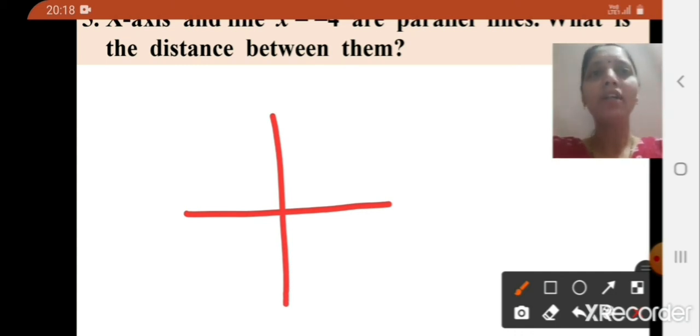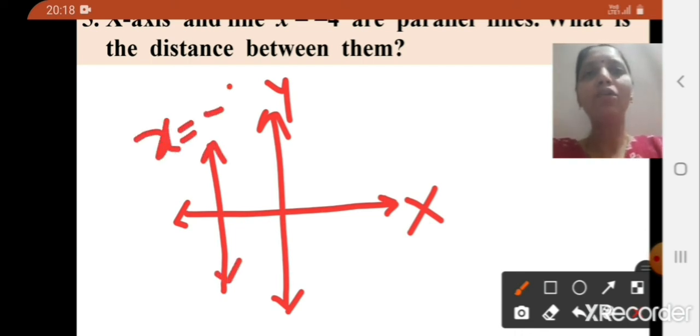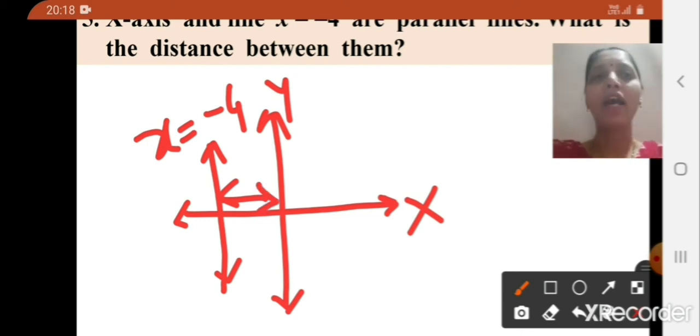And now the equation is x is equal to minus 4, which means that line will be to the left of the y-axis. So now this line has the equation x is equal to minus 4. Then you have to find the distance between the y-axis and this parallel line.